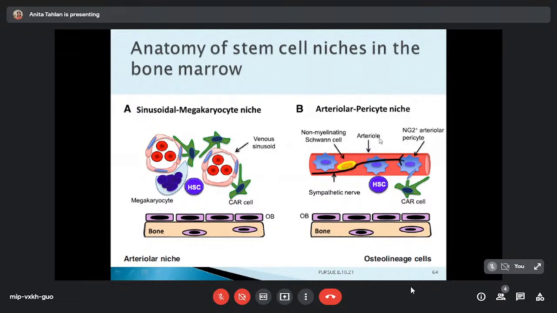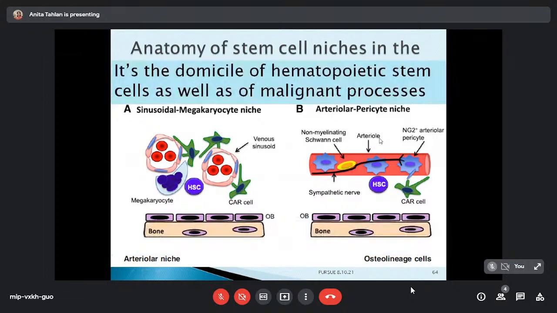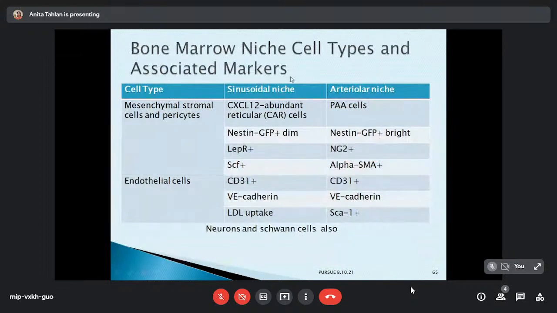But as we study these, this is the domicile of the hematopoietic stem cell, both in benign as well as malignant conditions. When we studied their markers, it was found that different niches have different markers. Sinusoidal niches had more CXCL12, whereas arteriolar niches had PEA cells, which I had described in the neuroreticular complex, and similarly for these cells.